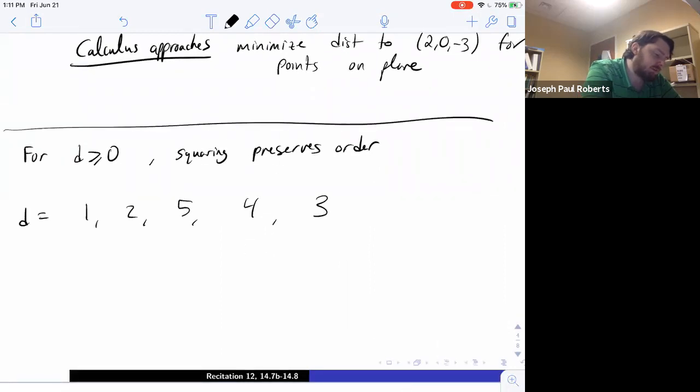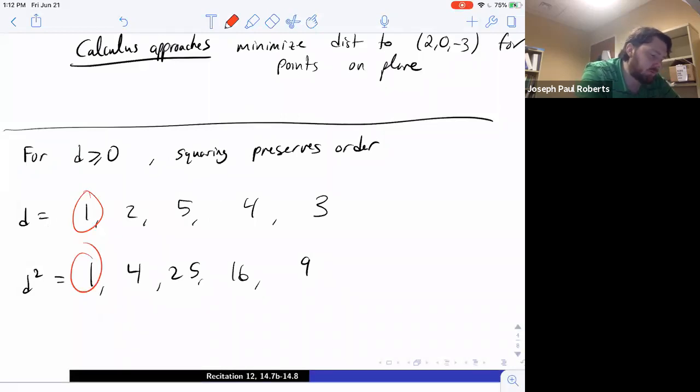If this is D, and I look at the list of the square of these numbers, the minimum of D is, if you just look for the smallest number on these lists, clearly 1 and 1 are the smallest, and then 5 and 25 are the biggest.